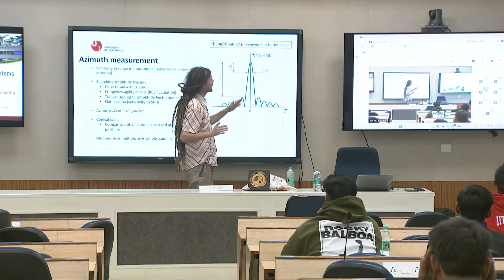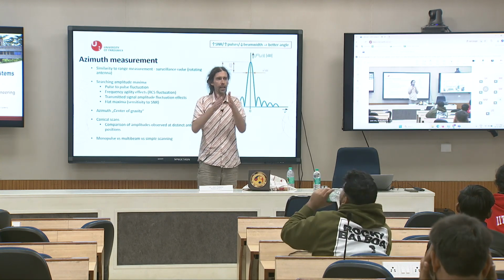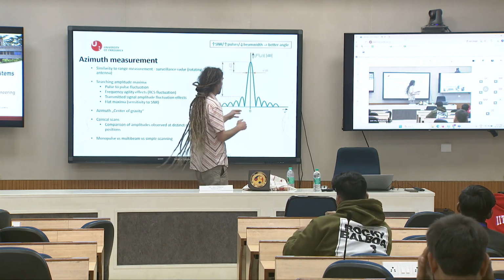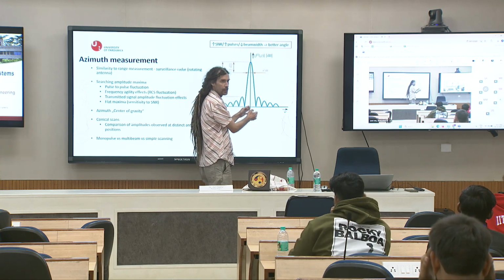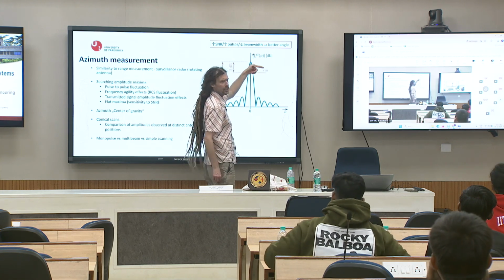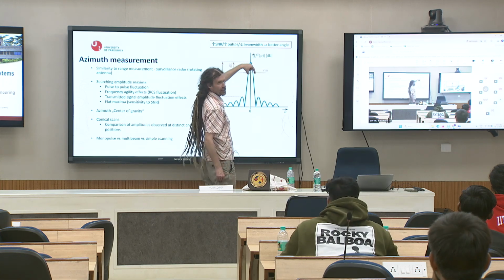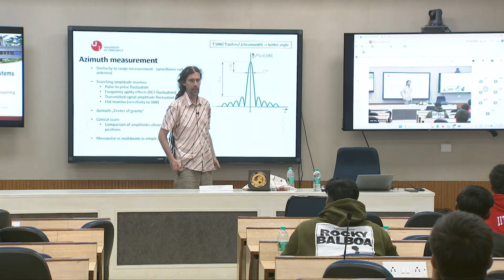Be careful, this is not a spectrum, it is an antenna pattern. The maximal radiation of my power is in the main beam. And we always care not about this maximal value, but about minus 3 dB. So this is the definition of my resolution in azimuth.